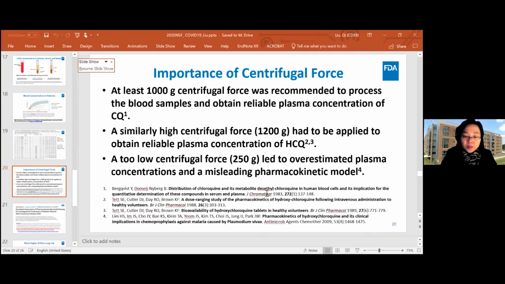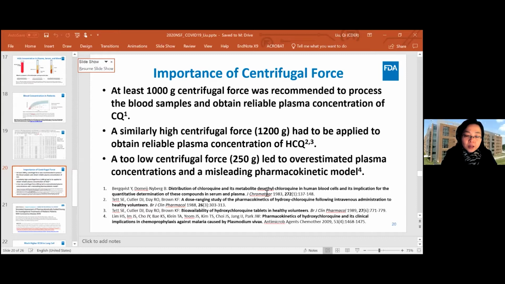The overestimated plasma concentration was used to develop a population PK model for hydroxychloroquine plasma concentration. This PK model was used by one of the earlier papers to predict the plasma concentration and the corresponding lung tissue concentration.